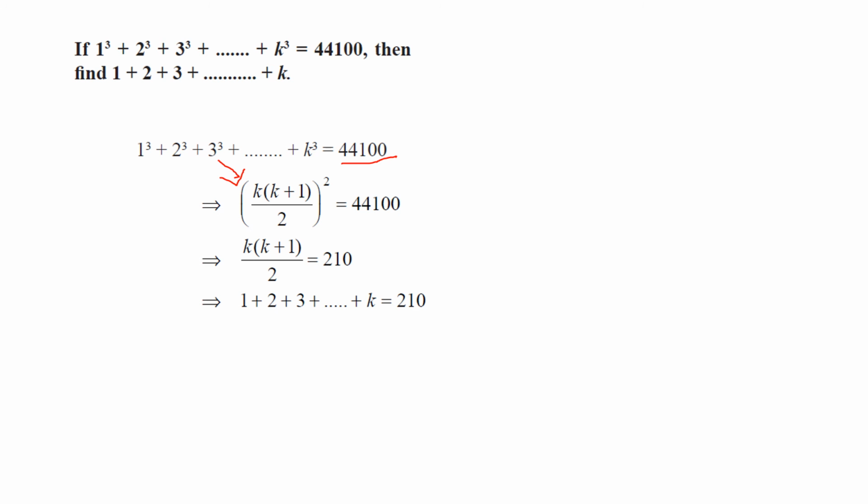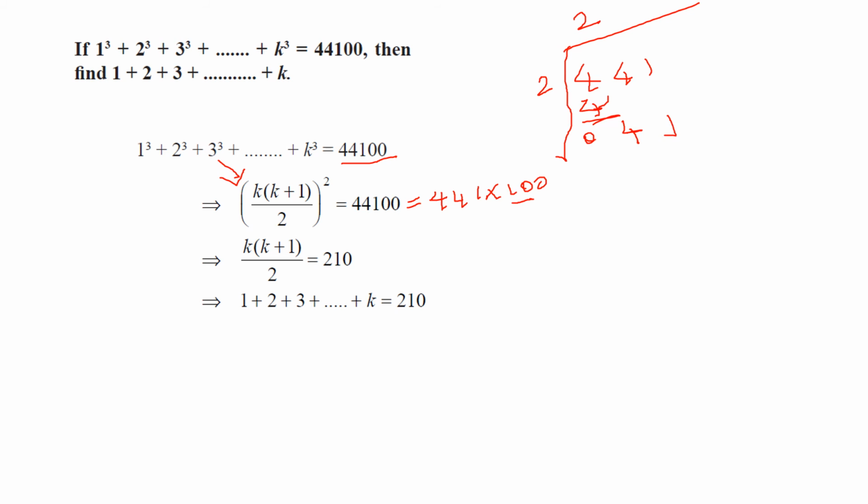So 44,100 means we can split and write 441 into 100, because 100 square root is 10 only. So 441 means long division method. So 2 2s are 4. 0. Carry down, that is 41.